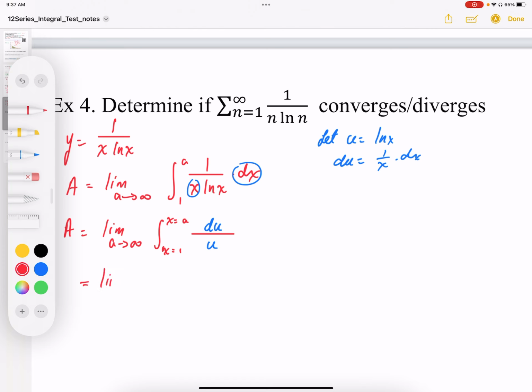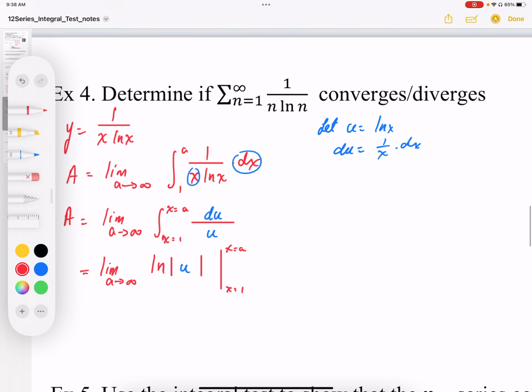Integrating this, we end up with the integral being 1 over u, which gives log of u, and our bounds again are going to remain the same, x equals 1 to x equals a.